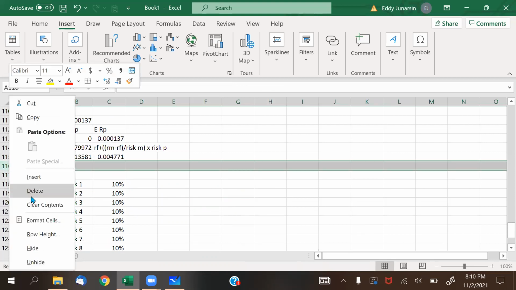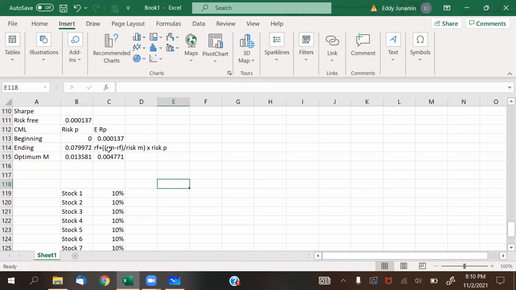Okay, so now we can go back here to find the ending, because we got the estimates for the risk of the market and the expected return on the market, the optimal market portfolio. So go back here again, now RF plus the expected return on the market portfolio. Which one is it? Yeah, of course, this one.